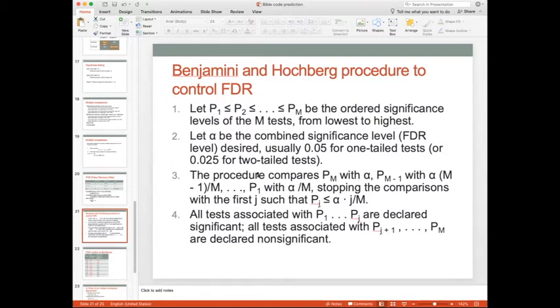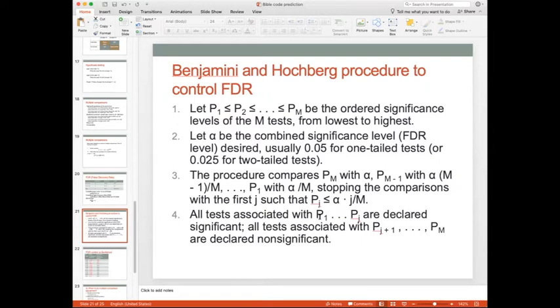The procedure compares Pm, the largest one, with alpha, and Pm minus 1 with alpha times (m minus 1) divided by m. And you keep doing this down to P1 with alpha divided by m. We stop the comparison at the first j such that Pj is less than or equal to alpha times j divided by m.